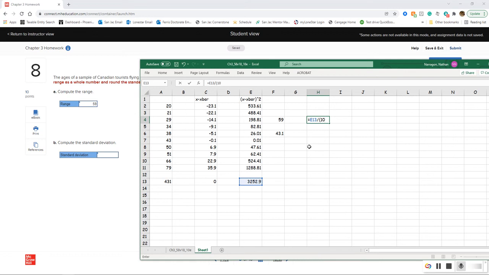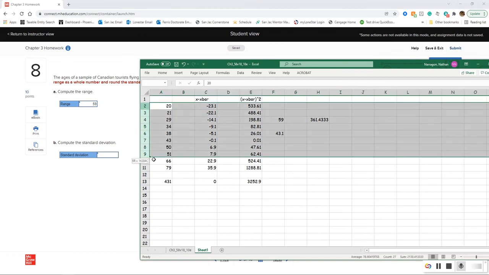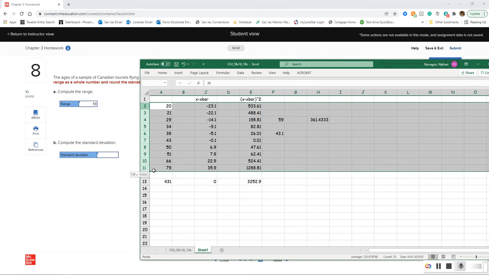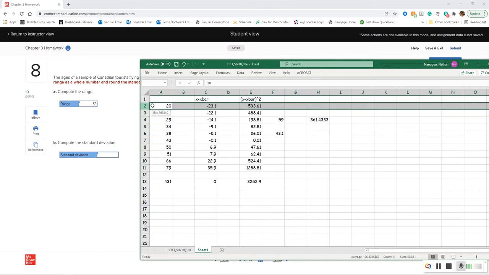So we have 10 minus 1. So that will be our variance, which is 361.43. Okay. Again, because it's a sample, it has to be smaller than the actual population size.